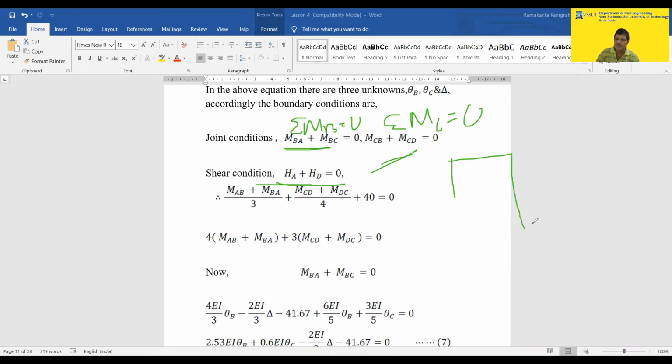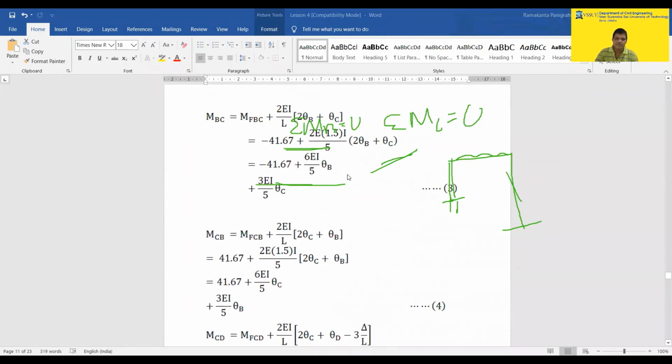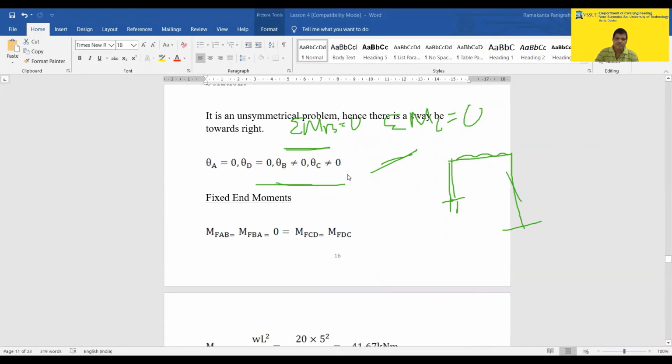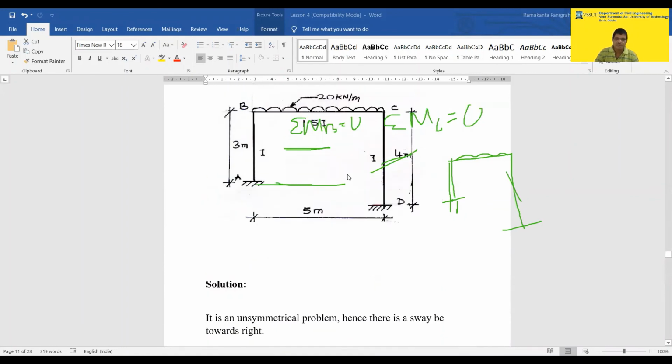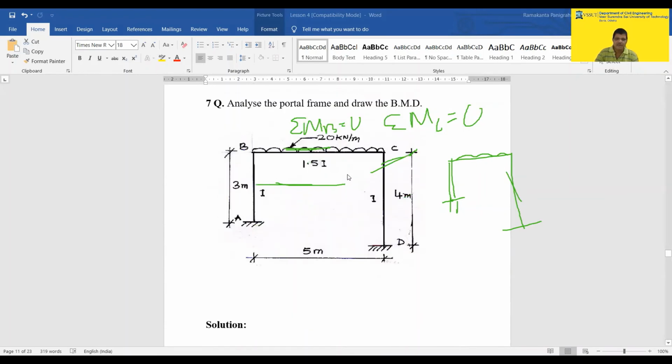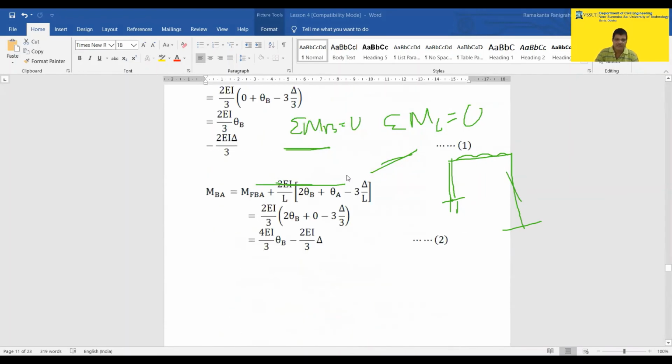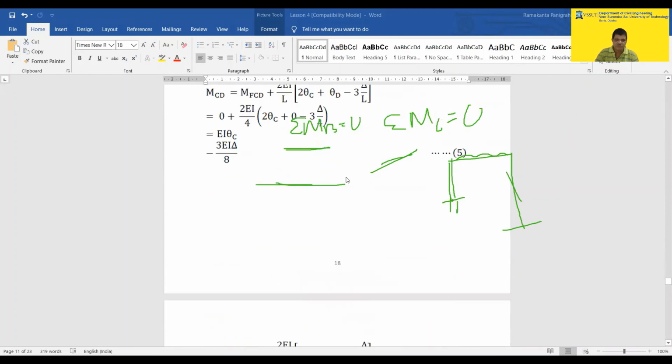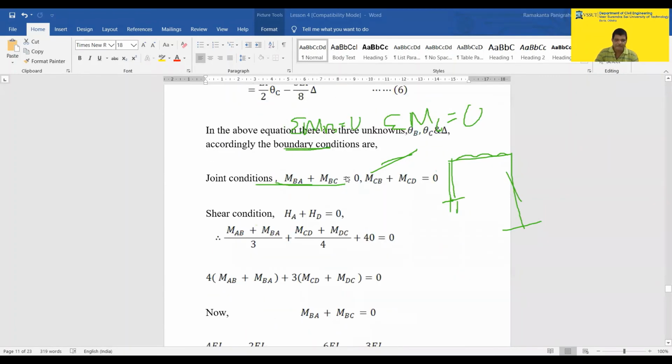Only the load was given here. There is only load here, and there is no load on these two spans. So there is no value of the term that is coming. Is any load given at that point?